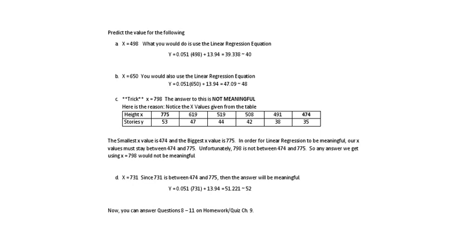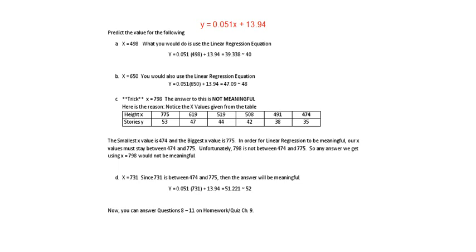Okay, well, the next steps are we're going to use that formula you get to make predictions. So I'm going to retype the equation real quick. And it is y equals 0.051x plus 13.94. Okay.